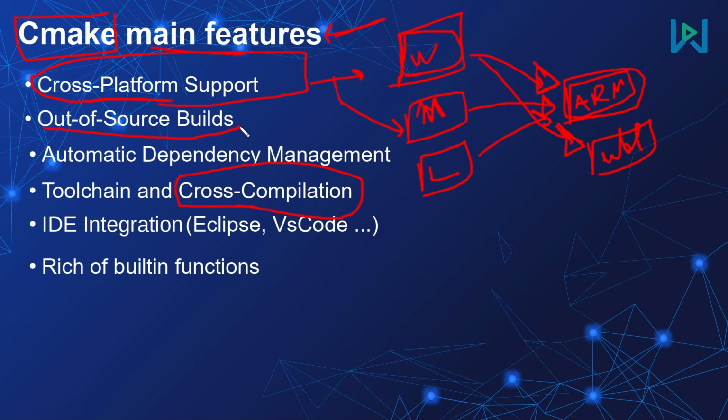CMake does support what is called out-of-sources build. Out-of-sources means we'll have a separate directory outside of our main project, and this directory will act as a workspace for CMake. So all compiled objects, temporary files, even backend makefiles, will be generated in a separate directory.